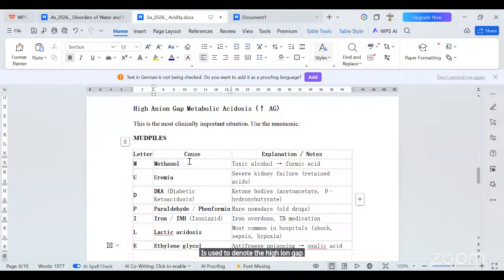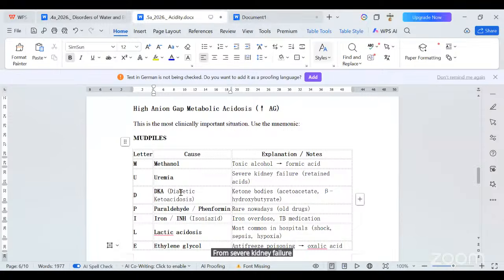M means it's caused by methanol, toxic alcohol, or formic acid. U is caused by uremia, that's from severe kidney failure.